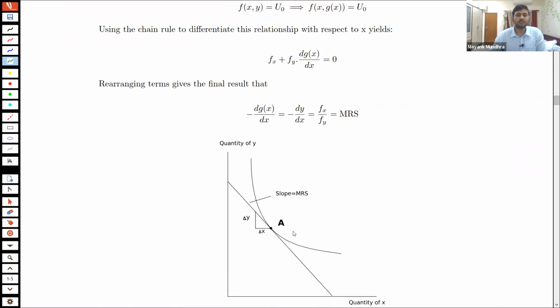Okay. So suppose you are at this point on your indifference curve. Now, if you were to give up this much amount of good X, but gain this much amount of good Y. I should draw some other figure first.